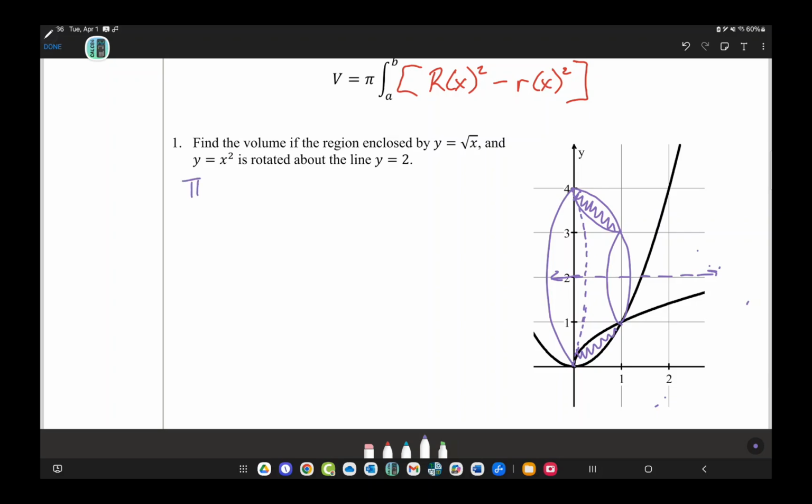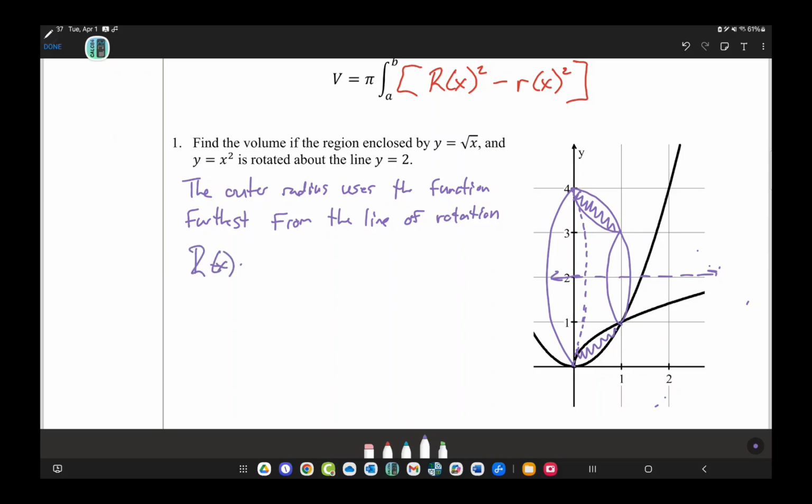The outer radius uses the function furthest from the line of rotation. So here, capital R of x, since I'm rotating around 2, is 2 minus my function, x squared.